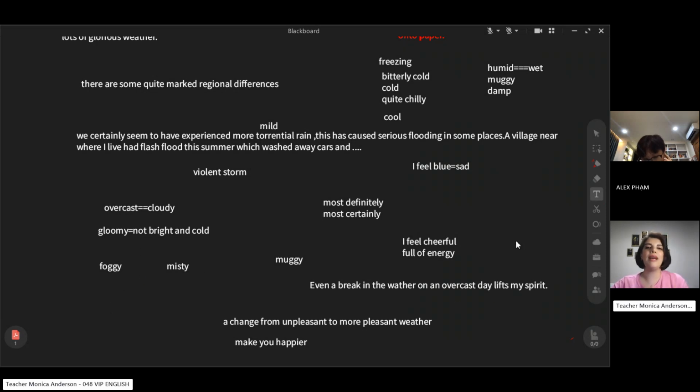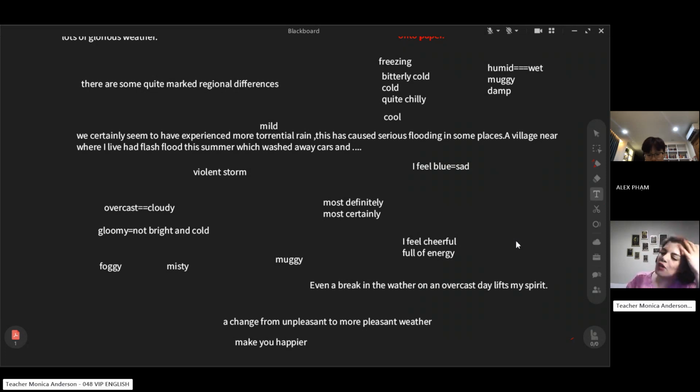Again, for example, if I were you, I would say most definitely, especially when it's sunny and whatever season it is, and especially when we're going to do some outdoor activities, I feel really cheerful and full of energy. Even a break in the weather on an overcast, cloudy day makes me really happy, lifts my spirits.